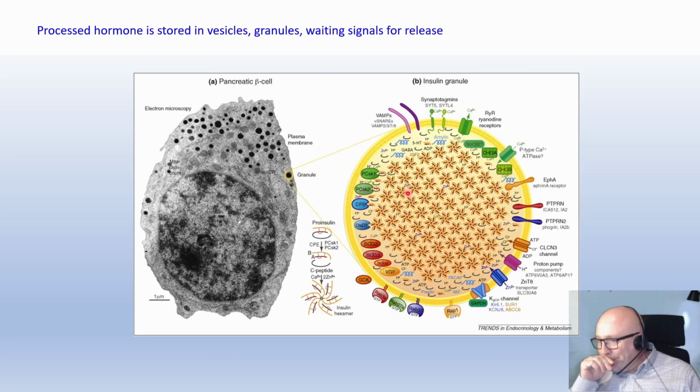Just have a look at a picture of a pancreatic beta cell on EM, a very large nucleus here, and we see then these granules. And if you were to zoom in, you would see these granules have these funny shapes inside them. That's actually packed insulin. So we have the processing of insulin that we mentioned, and then these final processed ligands are packed together into an insulin hexamer on these granules, sitting waiting to be stimulated.